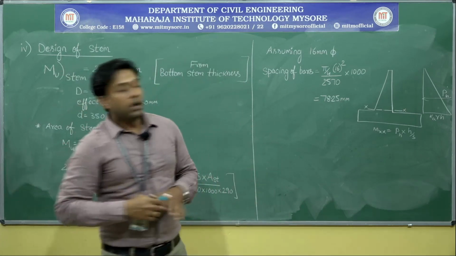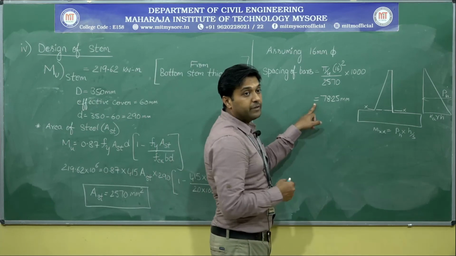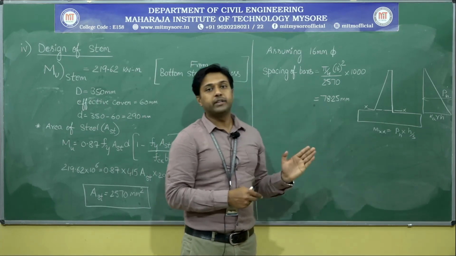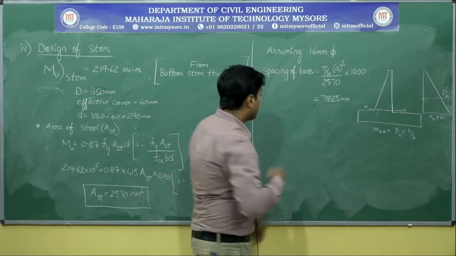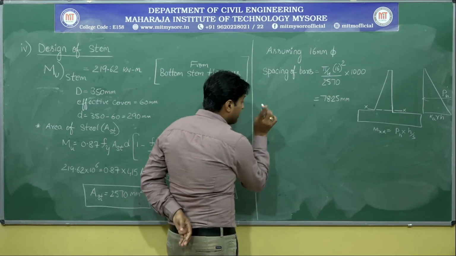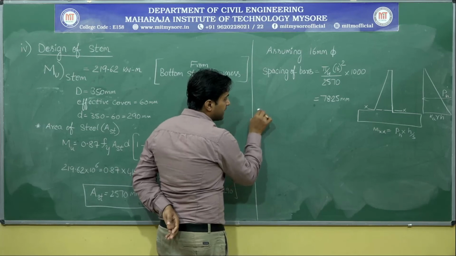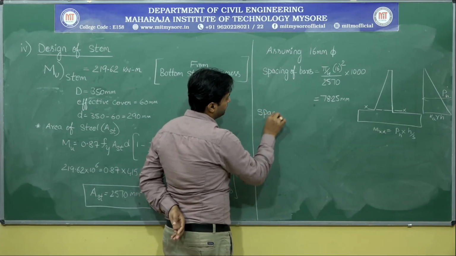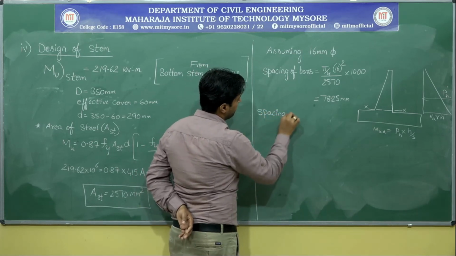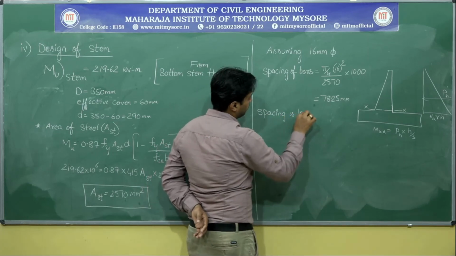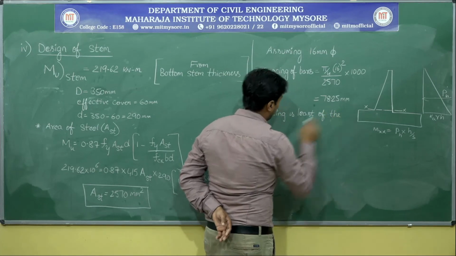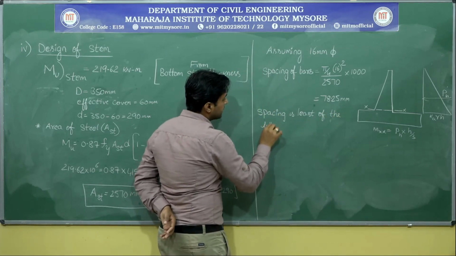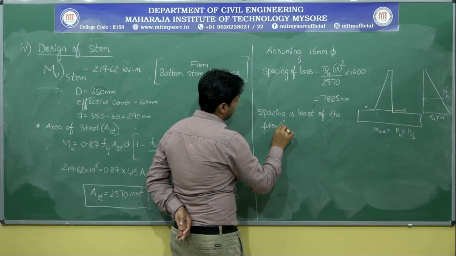Now whatever spacing we got, I need to check with the standard values in the code. For the main AST, spacing is least of the following.